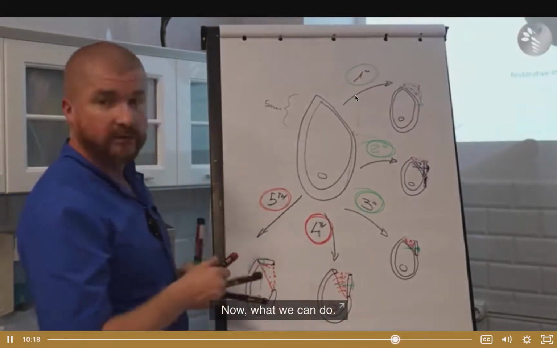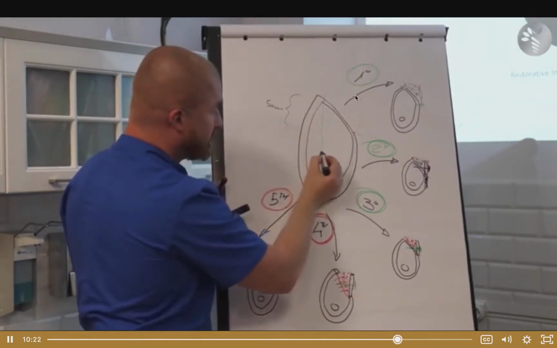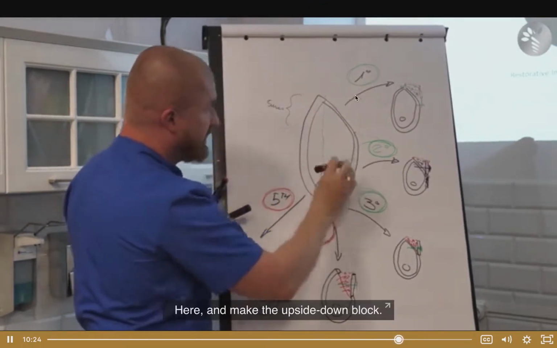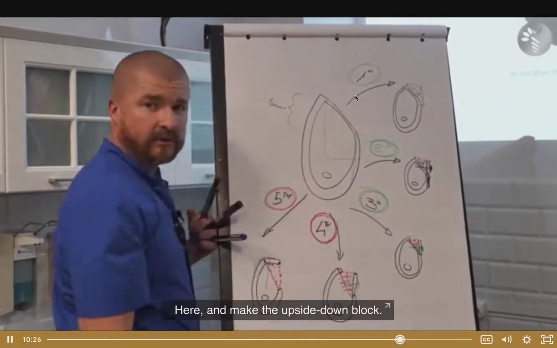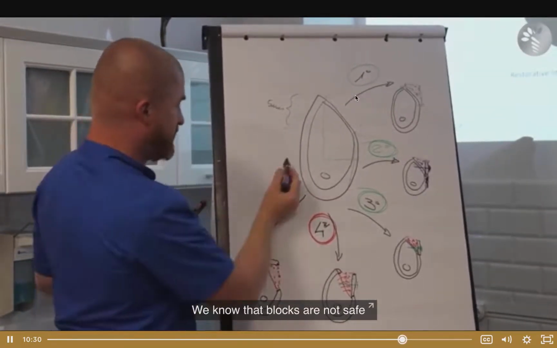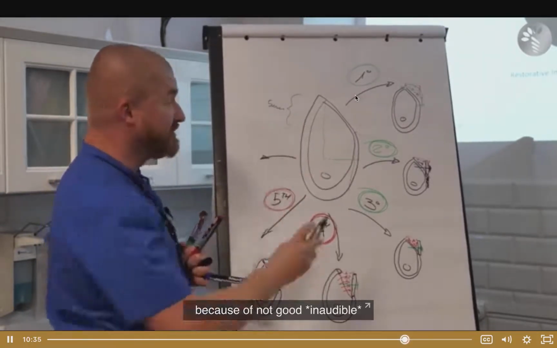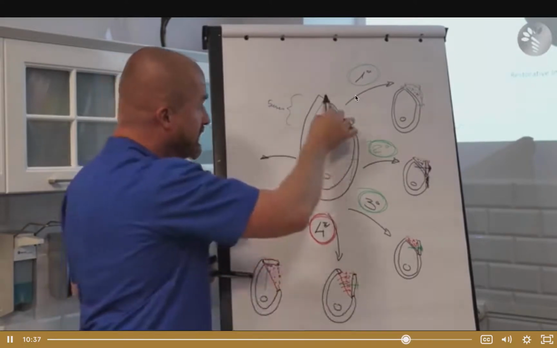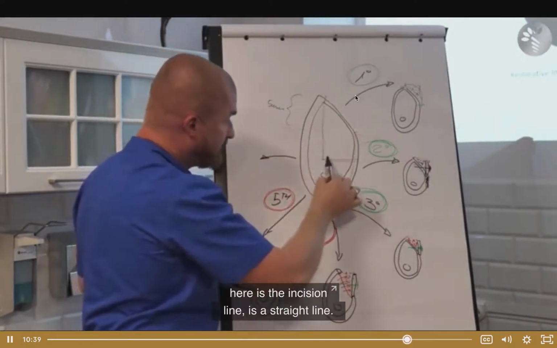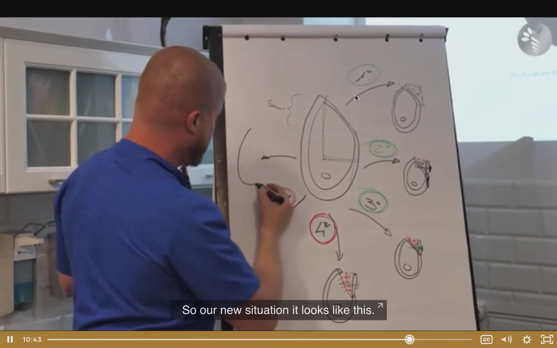Now, what can we do? We can cut here, here, and make an upside down block. We know that blocks are not safe because of not good adaptation, but in that special situation, the incision line is a straight line. So our new situation will look like this.